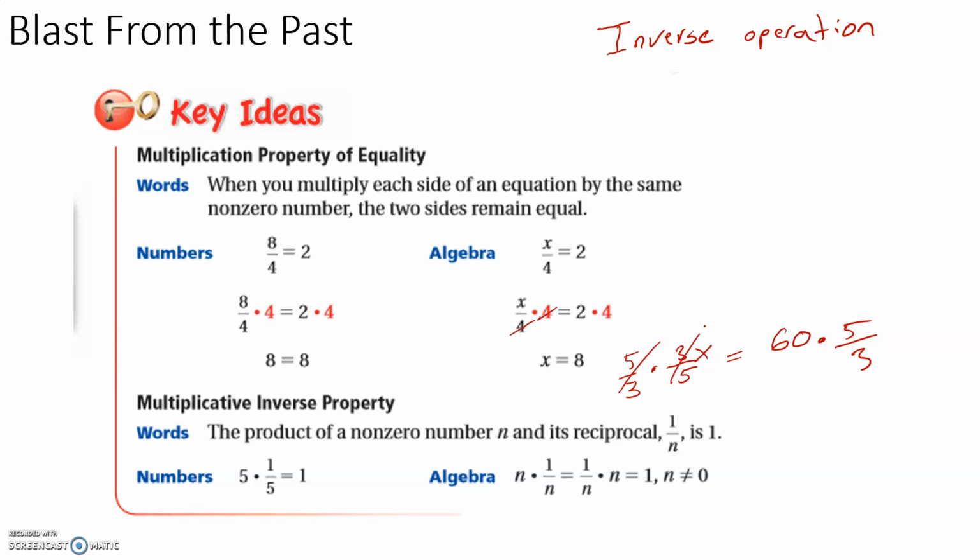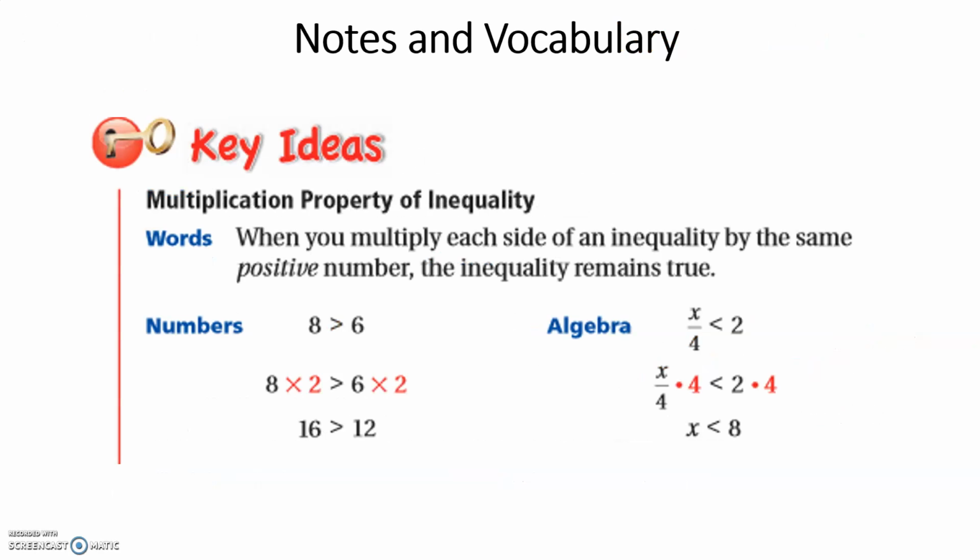These cross each other out, and then 60 times 5/3. Actually, I can reduce that. I divide by 3, that's 20, and then 20 times 5 equals 100. They used n, I'm going to use x. So x equals 100.